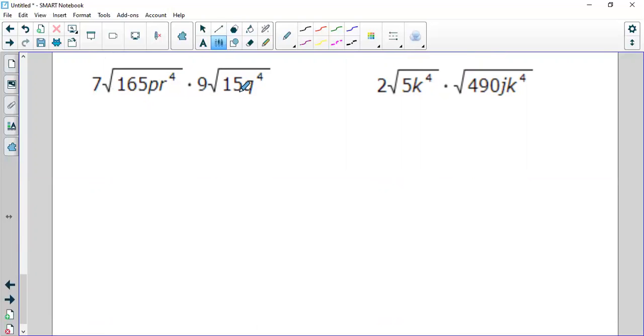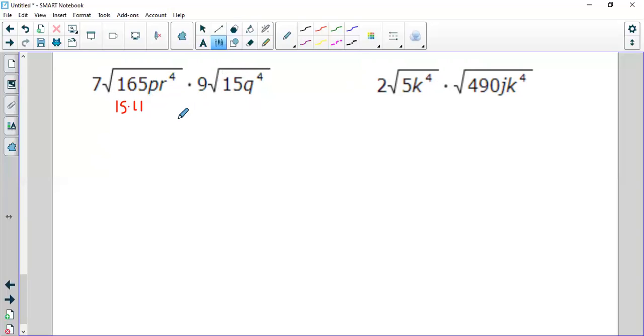There's a 15 here. I might want to try to match up this 15 with that. So if I do 165 divided by 15, that's 11. So this 165 is really 15 times 11. And this is a 15. And those 15s are going to pair up to make a perfect square.